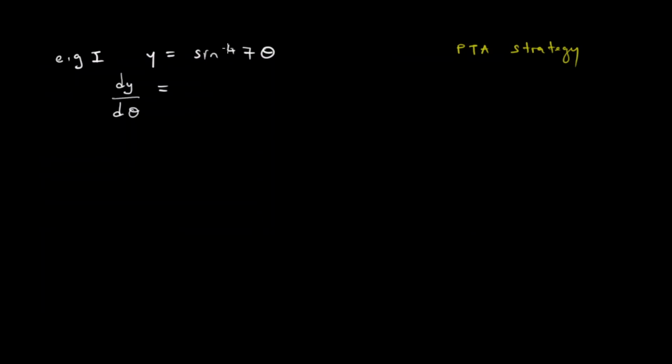We know that in differentiation the power comes down, so we have 4 sine, then the power subtracts 1, 4 minus 1, that is 3, of 7 theta. So we have differentiated with respect to the power, and the power is represented by P in our strategy.